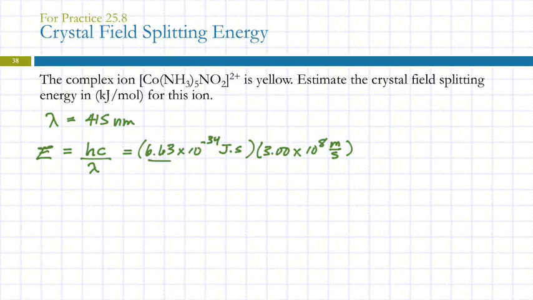And then we're dividing by the wavelength. What unit would be good for the wavelength? Meters would be good. So instead of nanometers, I'm going to do 415 times 10 to the minus 9 meters, because this is what nano means.